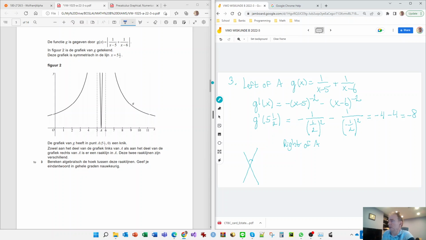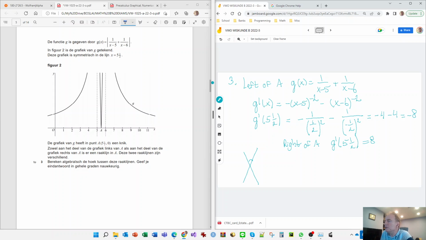So minus minus becomes plus. What you get is basically from the symmetry that it's 8. Probably this notation is a little bit tricky. You're really approaching 5.5, because in a itself it's a knik, which doesn't have a defined tangent.